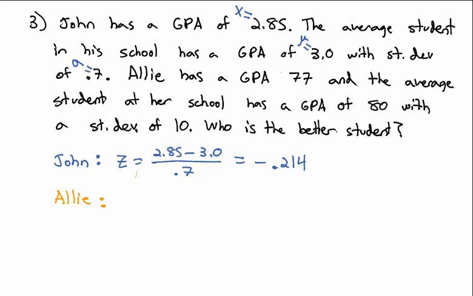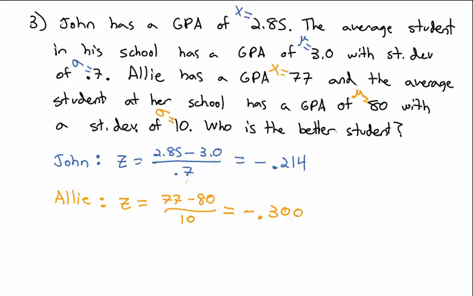Allie's GPA is 77. That's her specific score. So that's going to be our X value for a specific score. The average student has a GPA of 80. That's our mu. And a standard deviation, sigma, of 10. So Allie's z-score is 77 minus 80 divided by 10, which is negative 0.300.